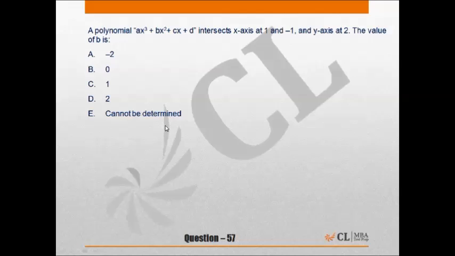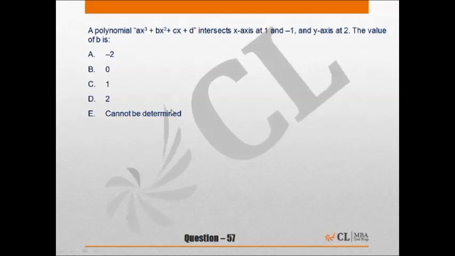Here it is given that the polynomial ax cube plus bx square plus cx plus d intersects the x-axis at 1 and -1 and the y-axis at 2, and we have to find the value of b. If we apply the three given conditions, we'll get three equations, and here we have four variables, so it's not possible to compute the value of all the variables in the given problem.